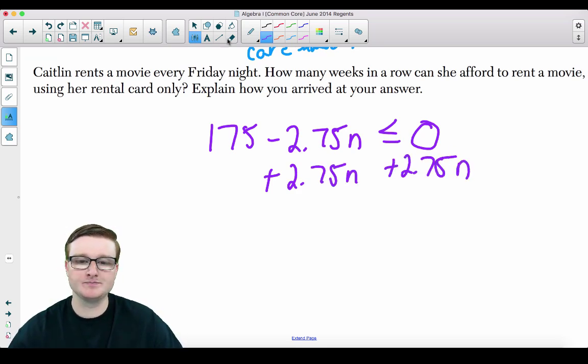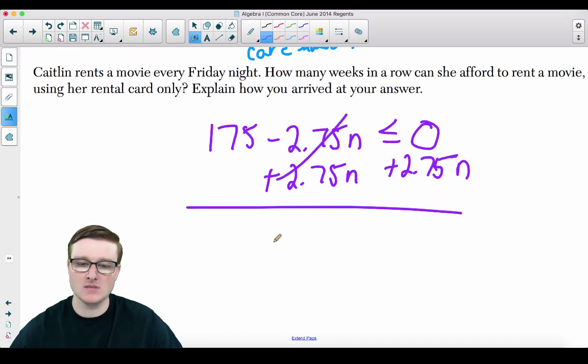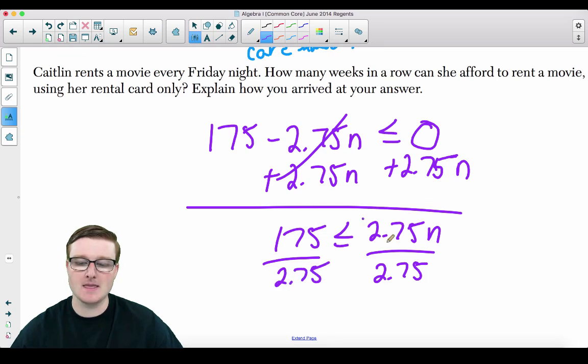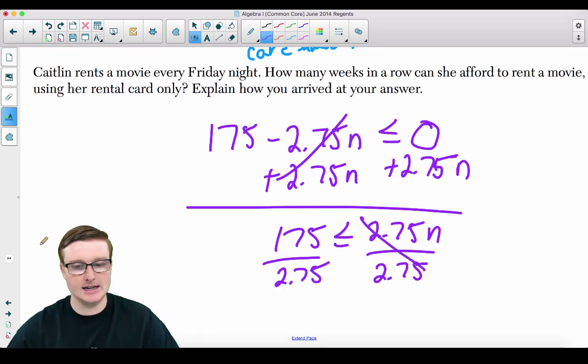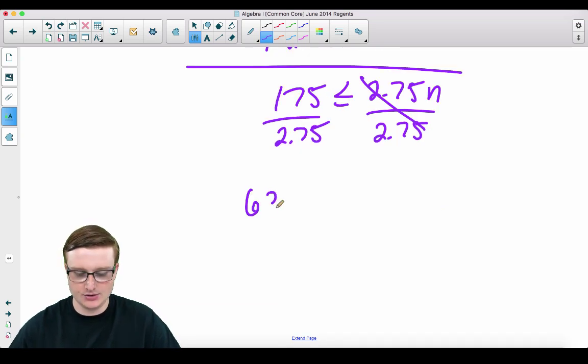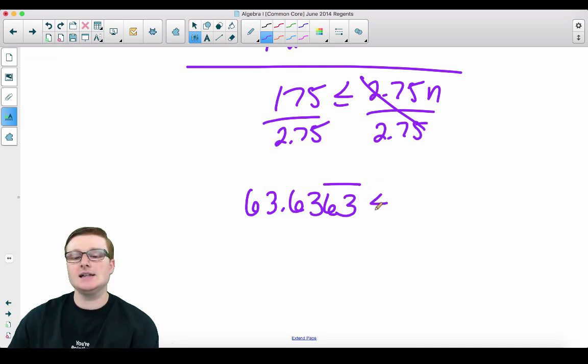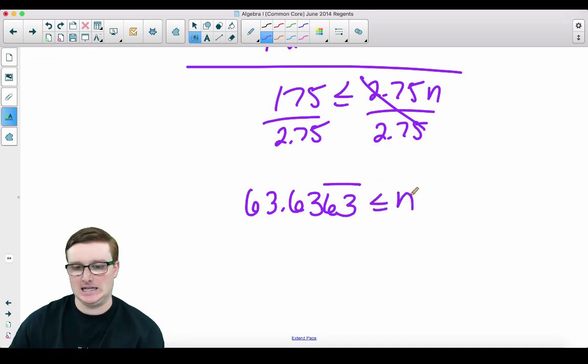So 175 is less than or equal to $2.75 times n. Divide by 2.75 on both sides, and we get 63.6363, repeating, is less than or equal to n.